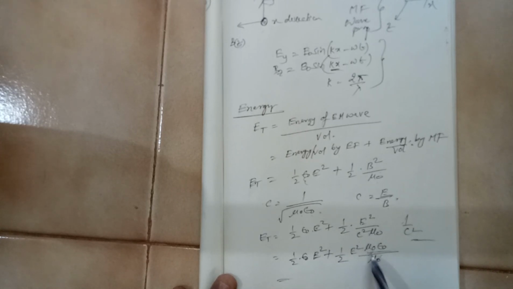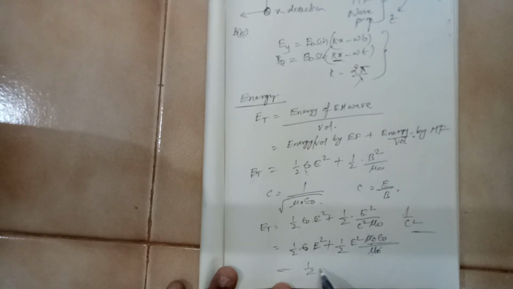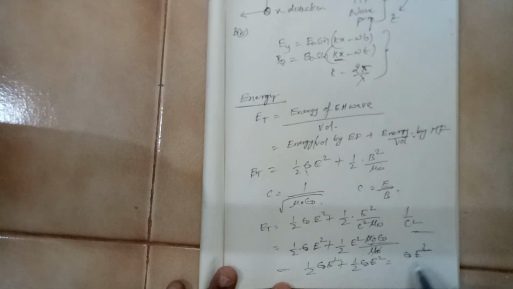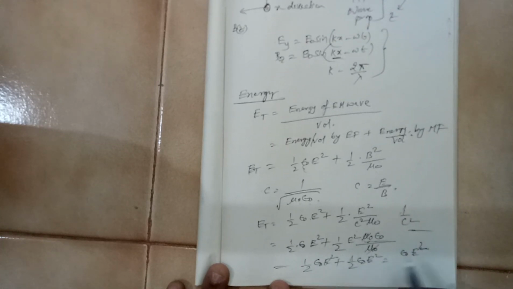So here you can see that mu naught cancels, and it becomes half epsilon naught E square, plus half epsilon naught E square, which is equal to epsilon naught E square, half plus half. So this is the expression for energy of an electromagnetic wave. Remember, it is per unit volume. So this is the expression to calculate the energy of an electromagnetic wave. Okay, these are useful in numericals.